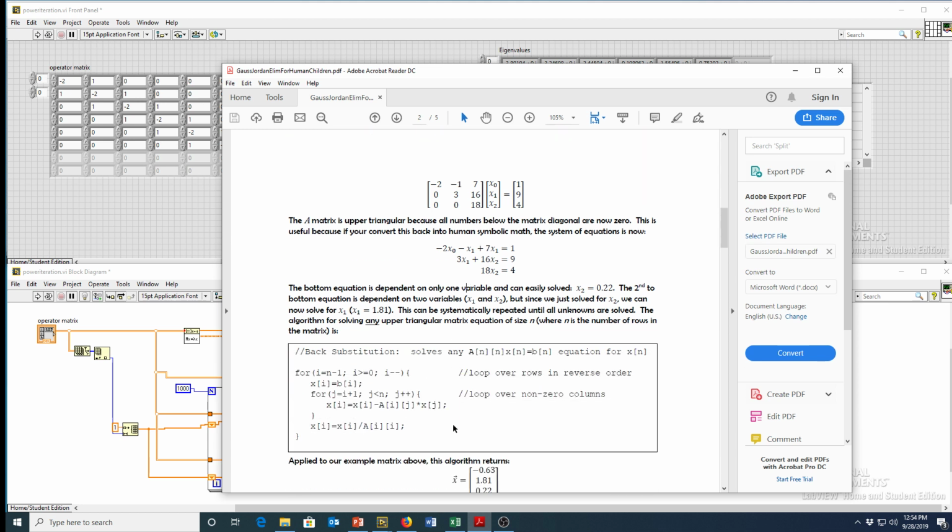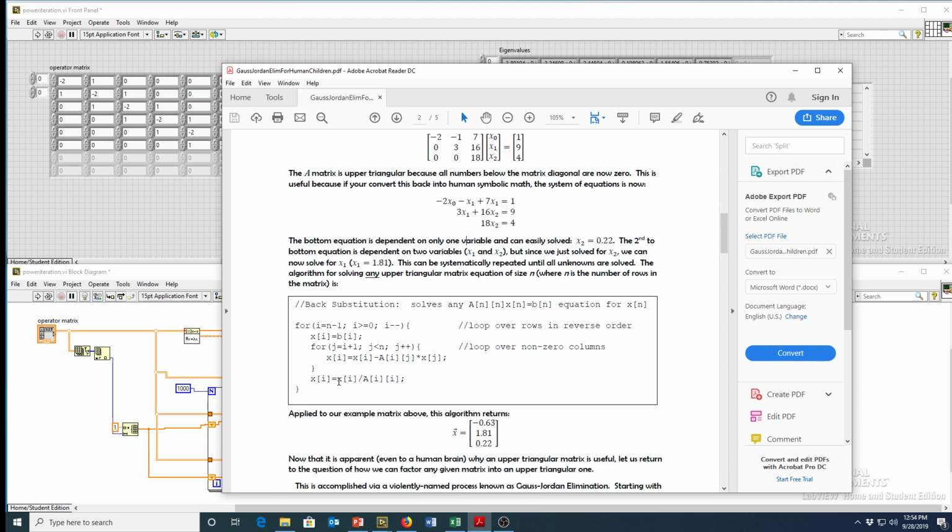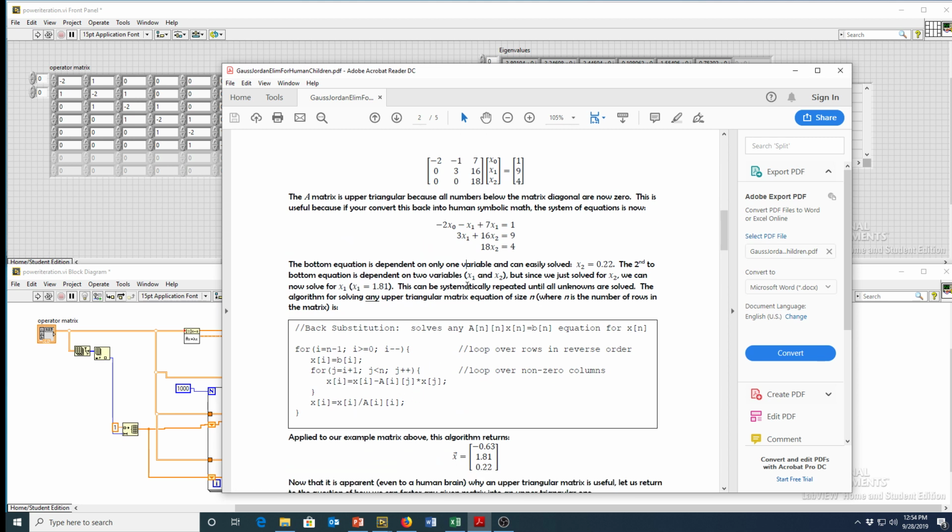So this is the algorithm you can use to do that. I won't go over it in detail here, but it's basically just divide the proper elements of b here by the correct index of A to obtain x, and so on, everything that I just described.